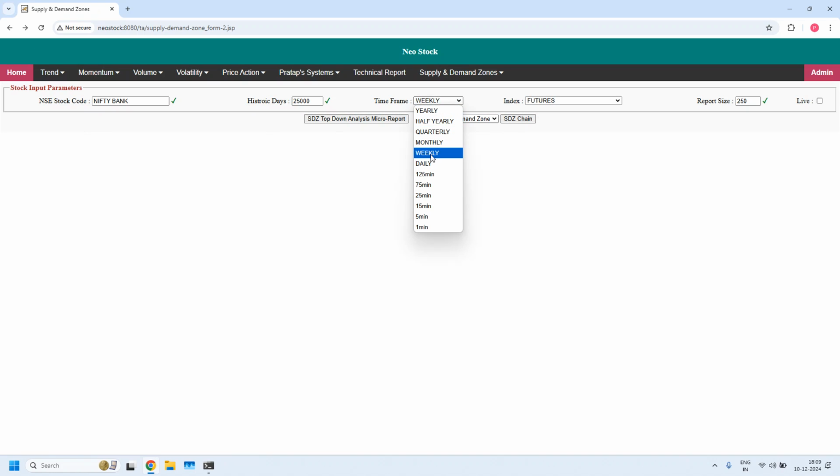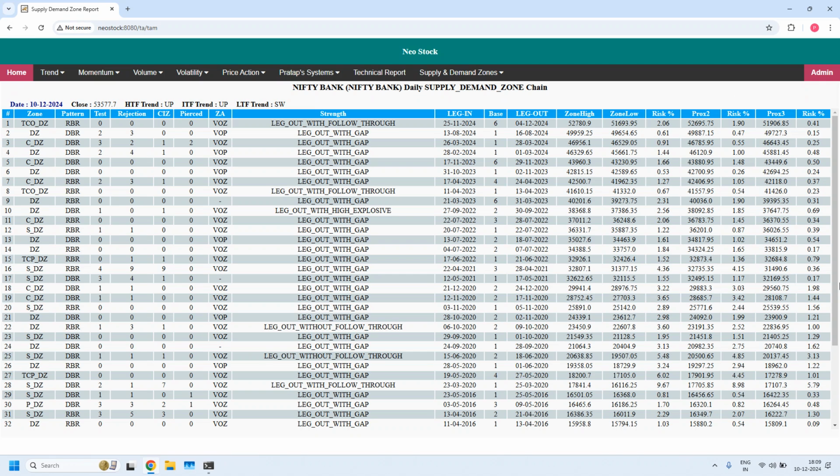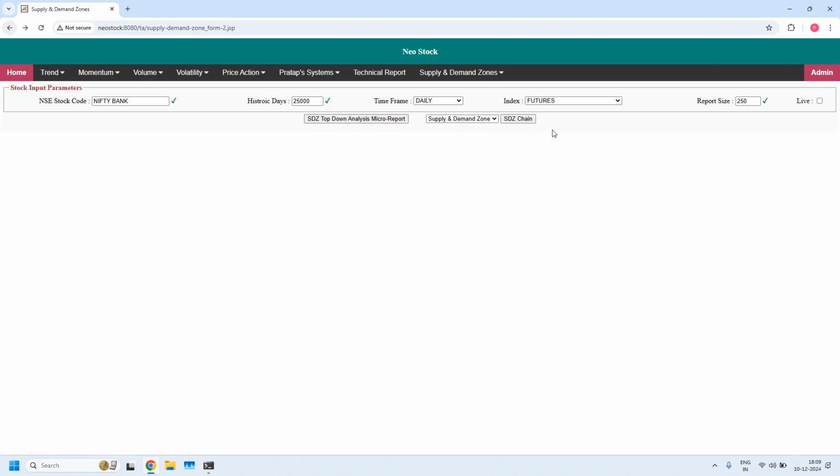Next, daily supply demand zone chain for BANKNIFTY. Next, 125-minute supply demand zone chain for BANKNIFTY.